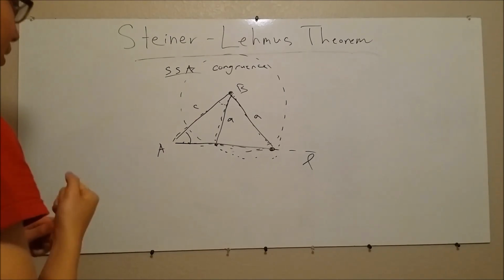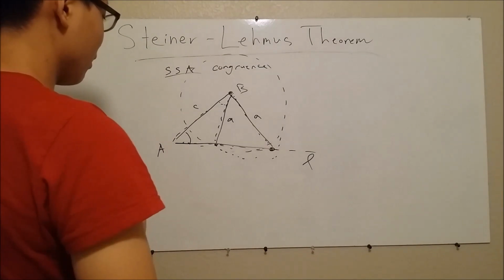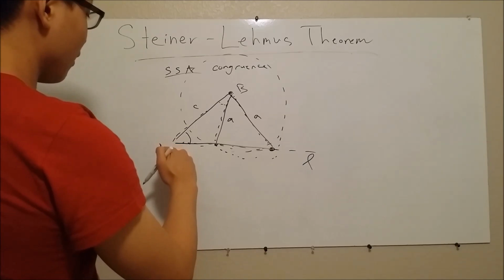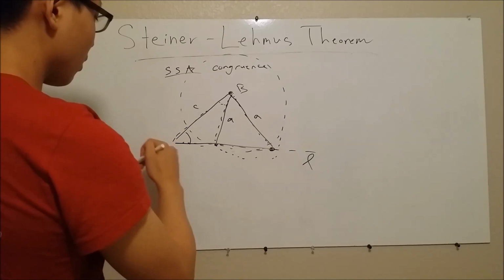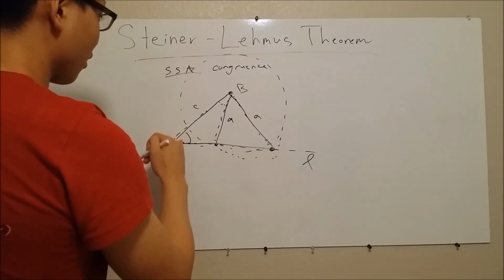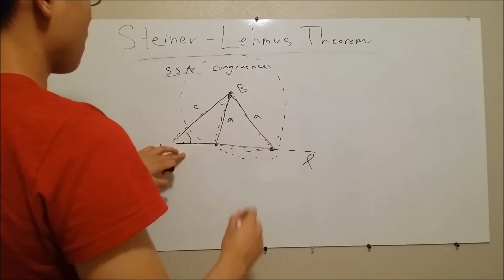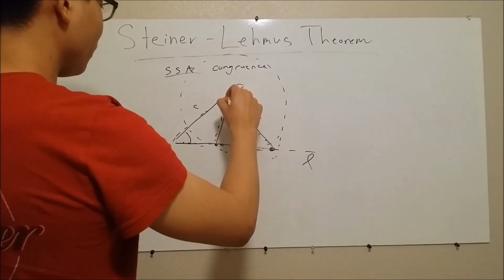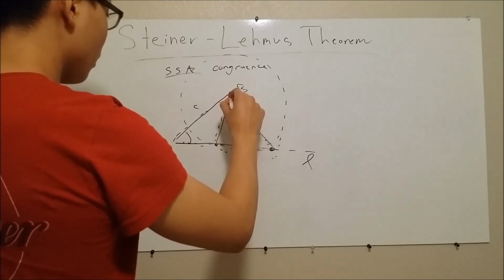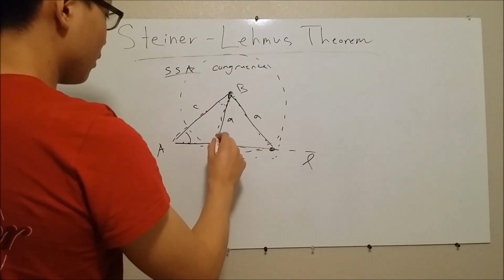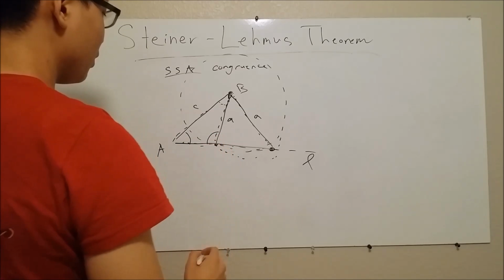And we can classify these two triangles here. Assuming that we start with an acute angle here, then we see that the triangle that we make first would be obtuse.